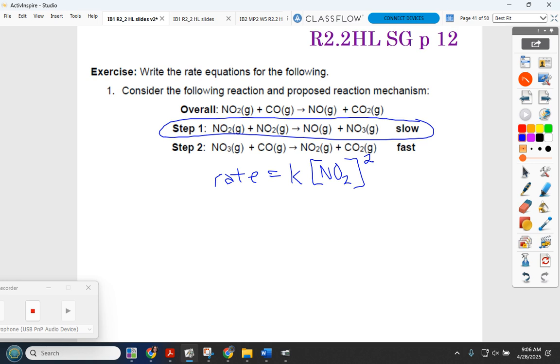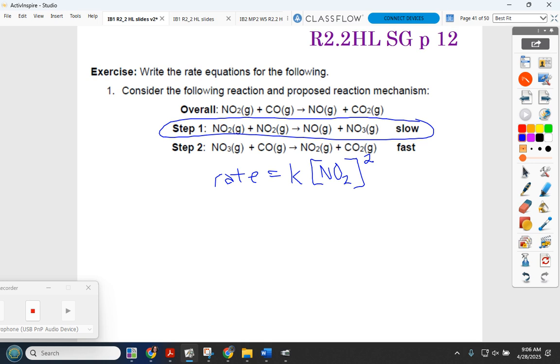So if this mechanism is correct, and we don't see carbon monoxide in our rate equation, then we could do an experiment to test this and say, okay, if we change the concentration of CO, will we see a change in the rate? That is what we can do when we have proposed mechanisms.